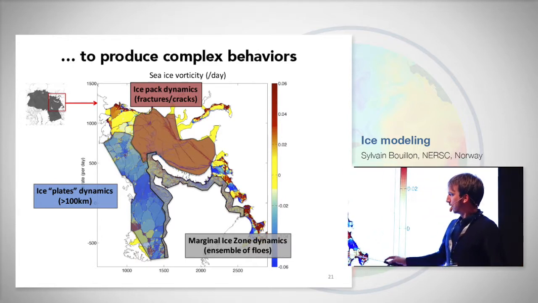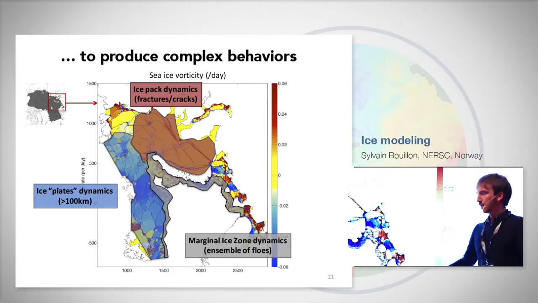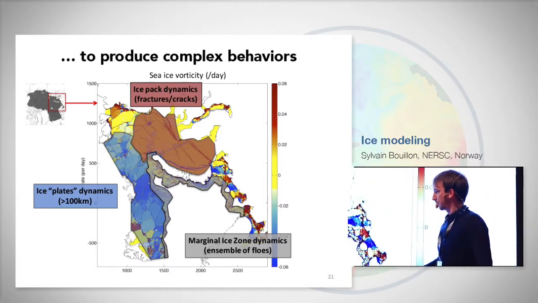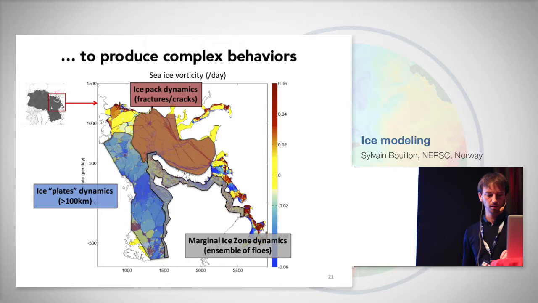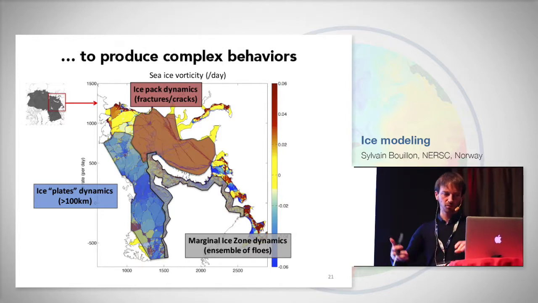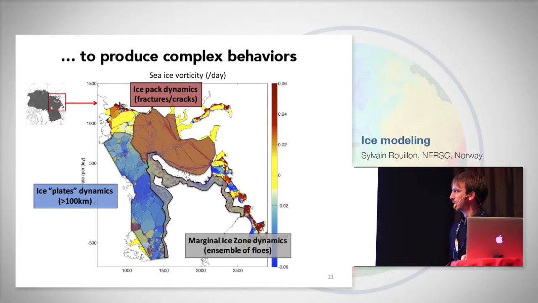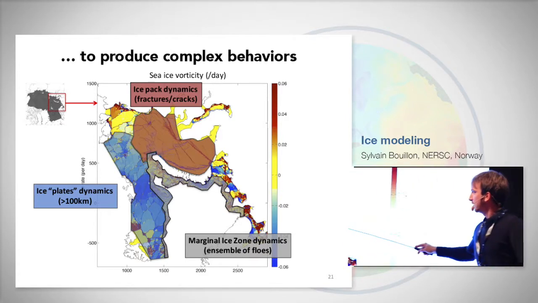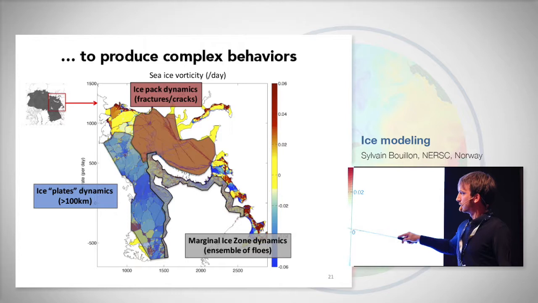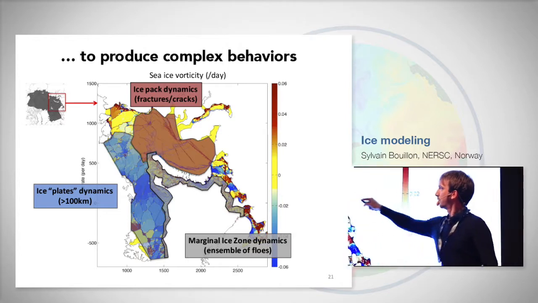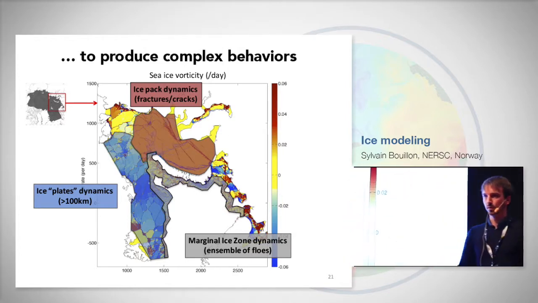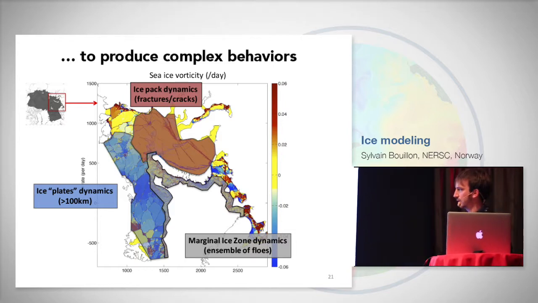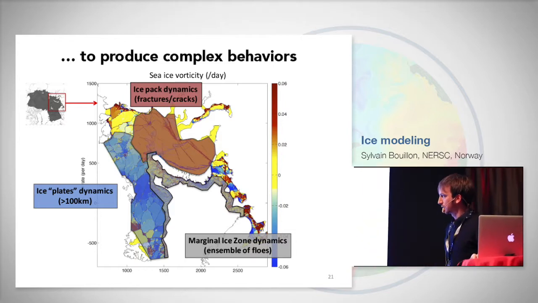We had typically three regions. The first one with big plates that are hundreds of kilometers, a bit like after the strong breaking event I just showed. Then in the Kara Sea, we have linear features because it's an enclosed or almost enclosed basin, so it's another type of physics at large scale.